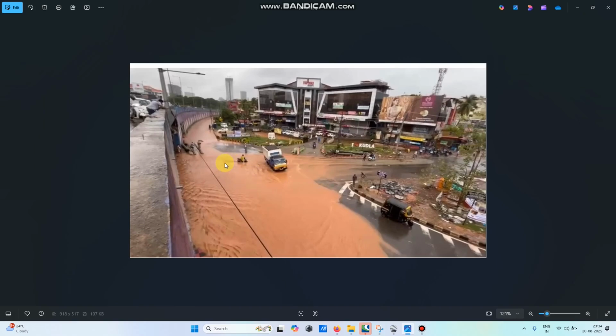If you can see this picture, which I downloaded from the internet, recorded during the flood events near the Pumpwell circle, you can observe that flooding has taken place in and around this underpass and the circle area.